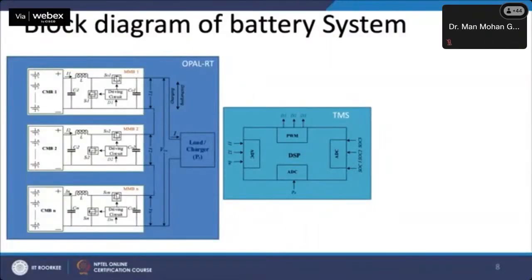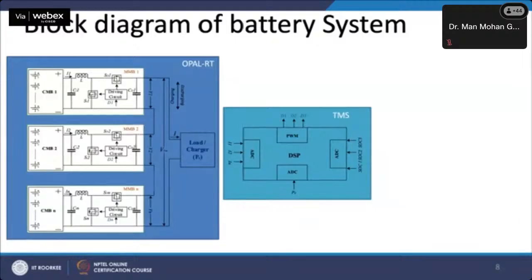Step number 4, do the necessary connections, that is the parameters from the OPAL-RT analog out pins to ADCs of the TMS board with proper scaling. The PWM pulses from TMS board EPWM pins to digital out pins of OPAL-RT to drive the converter sitting in the plant.